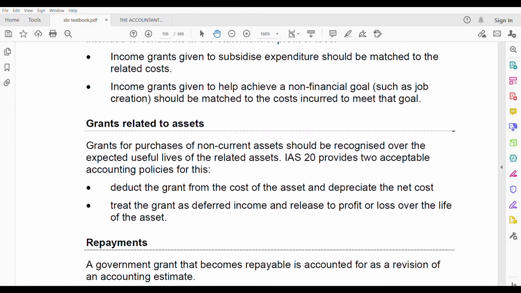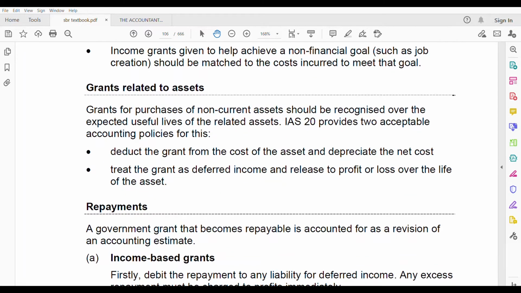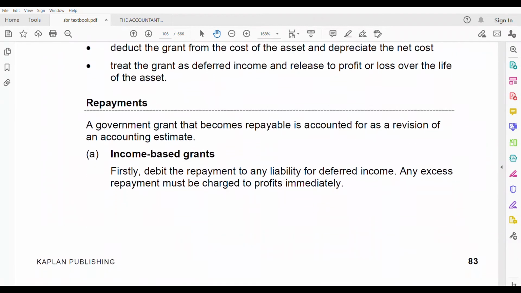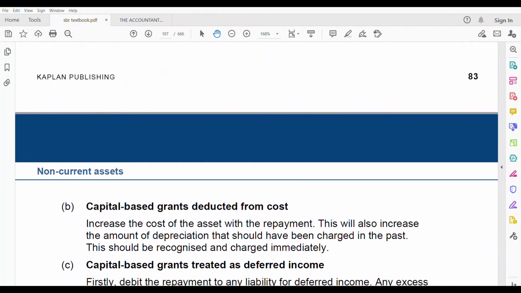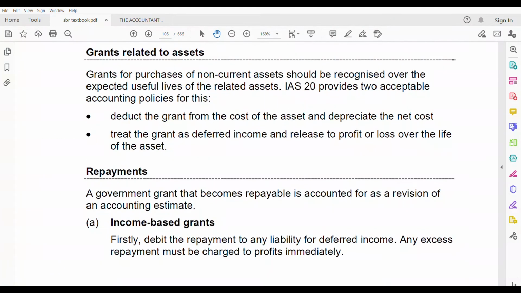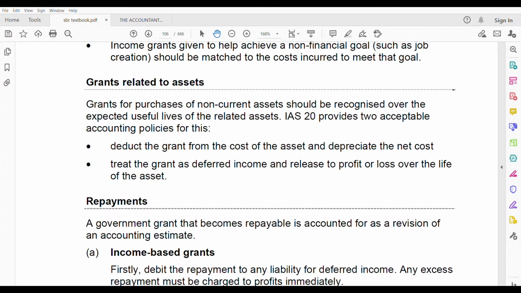Now, grants related to assets. There are two things here. One is grants relating to assets. What are the types of grants which are related to assets?